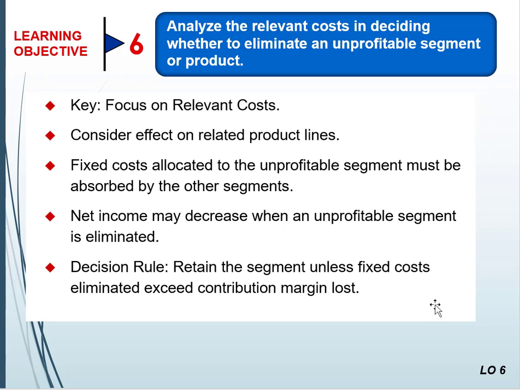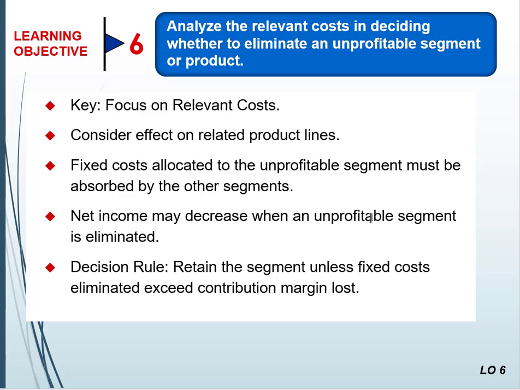Finally, the last one to talk about here is what do we do with unprofitable segments? Let's think about how everything is related. We have these related product lines. Fixed costs are allocated based on some formula that we have. Net income is going to increase or decrease if an unprofitable segment is eliminated.